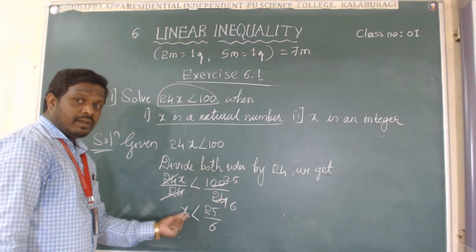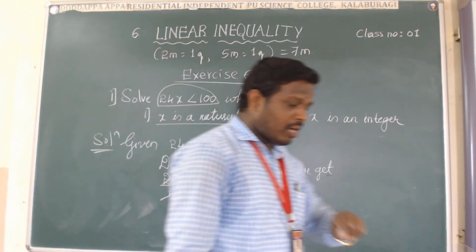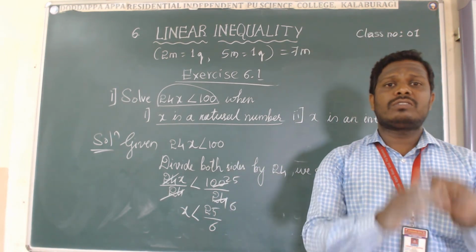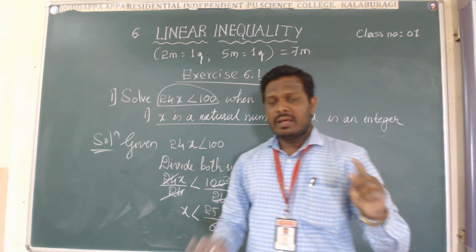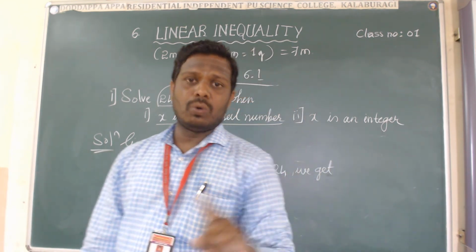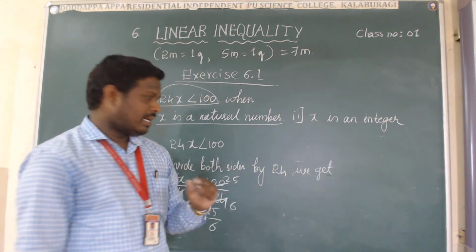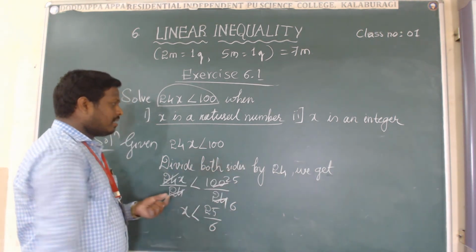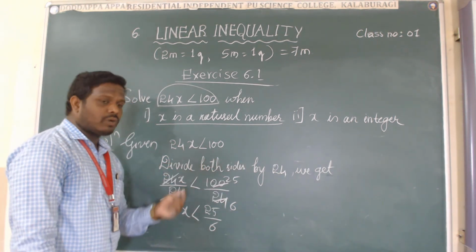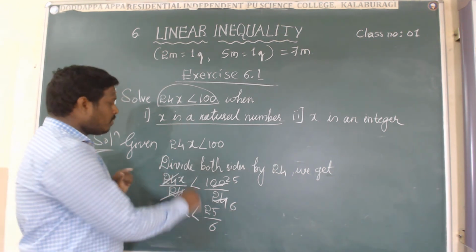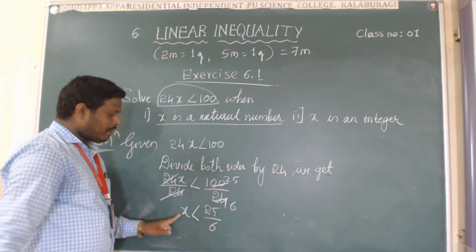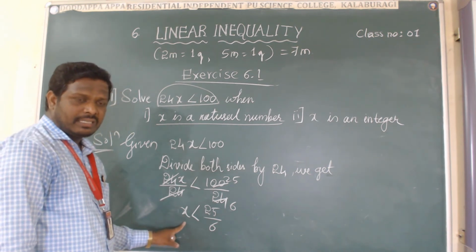Up to getting the coefficient of x as +1, we have to simplify the given statement by using the first and second rule. Yes? By seeing the given statement, I divided both sides by 24. When dividing both sides by 24, I am getting +1 as the coefficient of x.